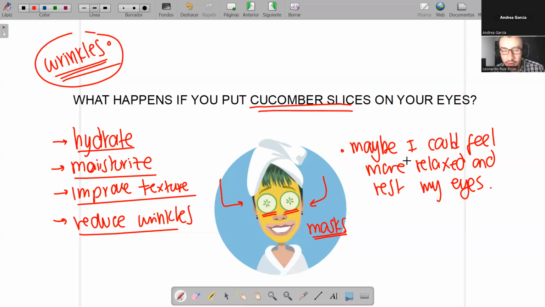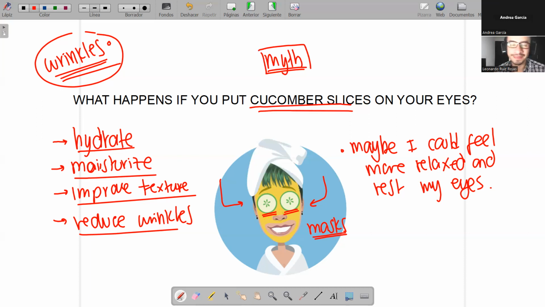But this of the cucumber is like a myth, no? It was transmitted, sorry, because other women told you it's important to do that, right?